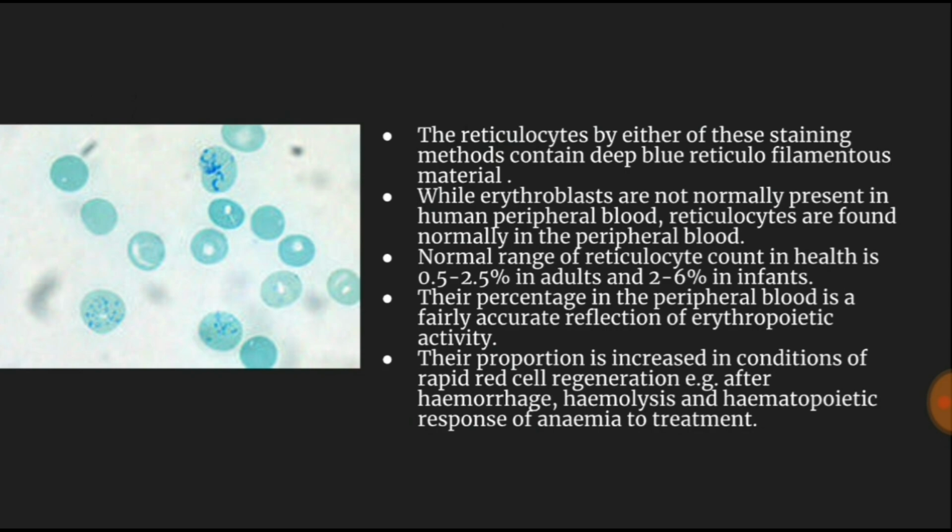Their proportion is increased in conditions of rapid red cell regeneration, that is, the number of reticulocytes increases when there is hemorrhage, that is blood bleeding, or hemolysis, when there is destruction of the RBCs, or when there is a hematopoietic response due to anemia treatment.